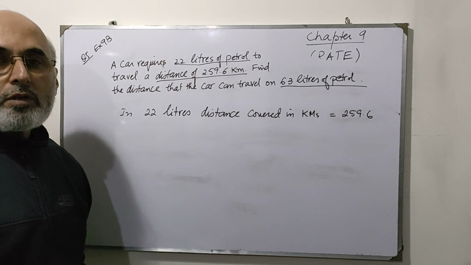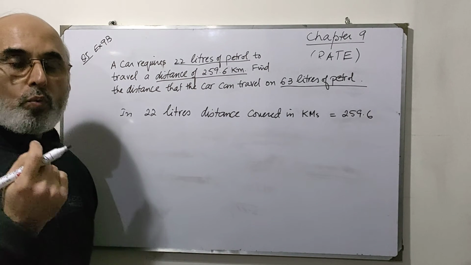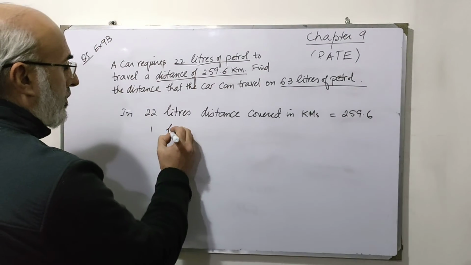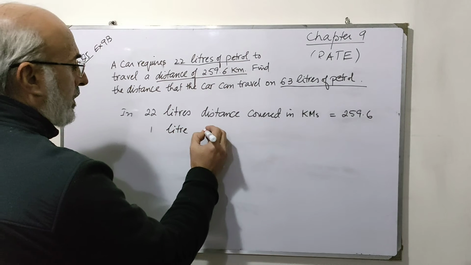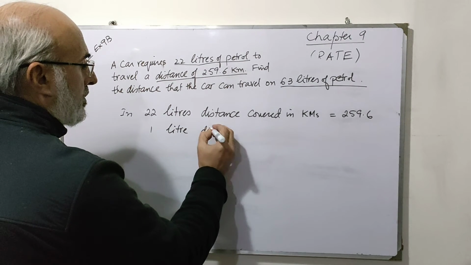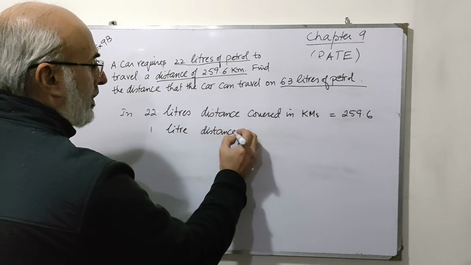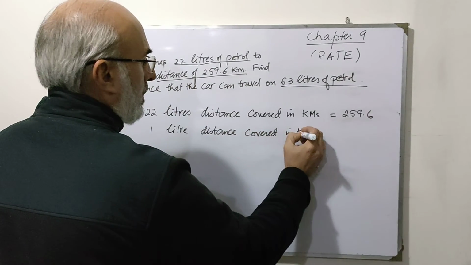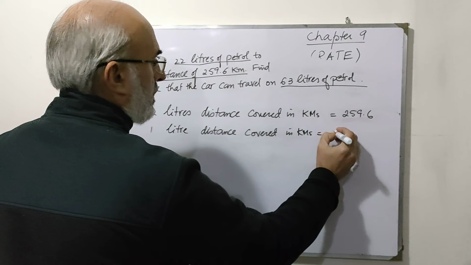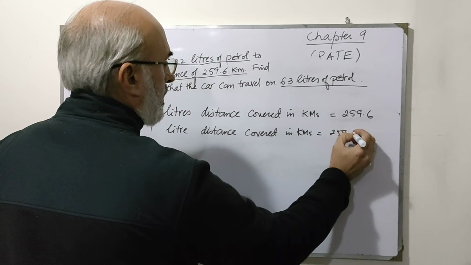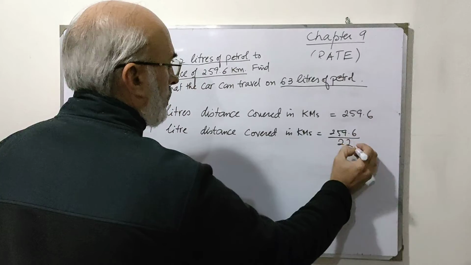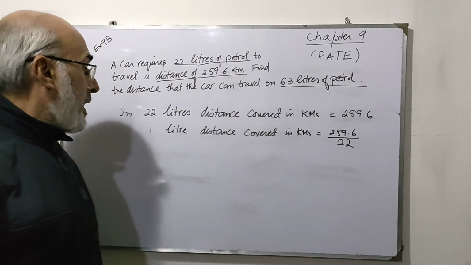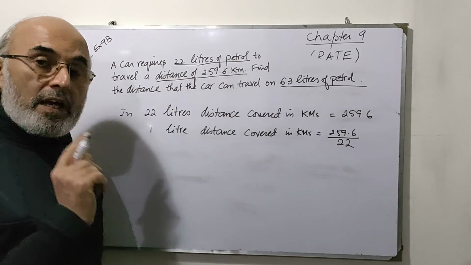So we need to know what's going to happen in 1 liter of petrol. So in 1 liter of petrol, distance covered in kilometers equals 259.6 divided by 22. I'm going to keep the fraction as it is. And now we have the unit rate.